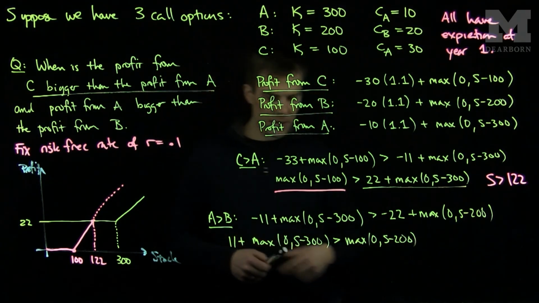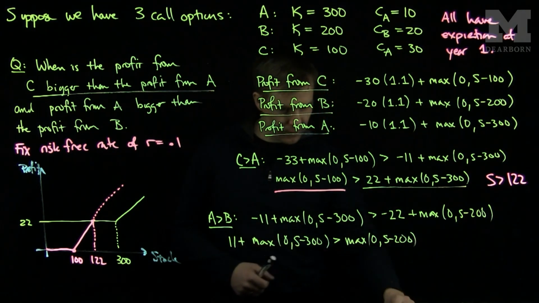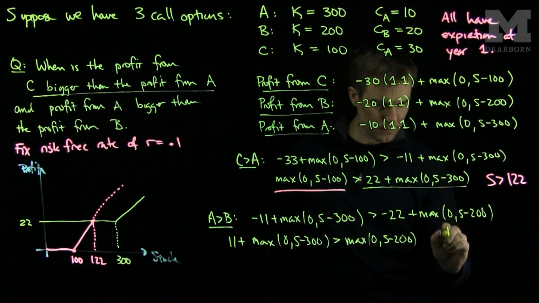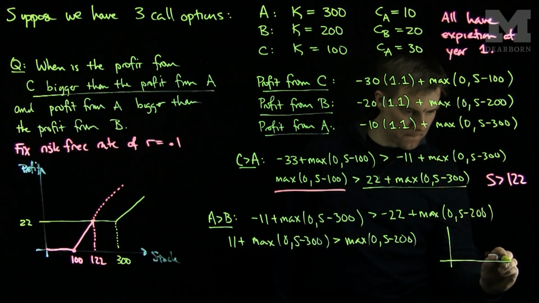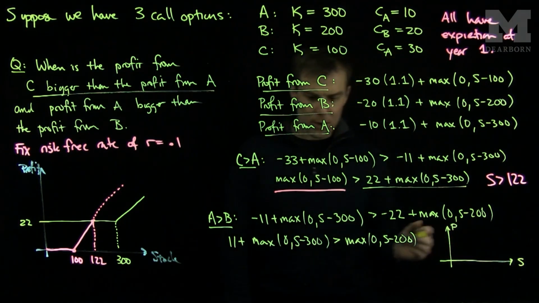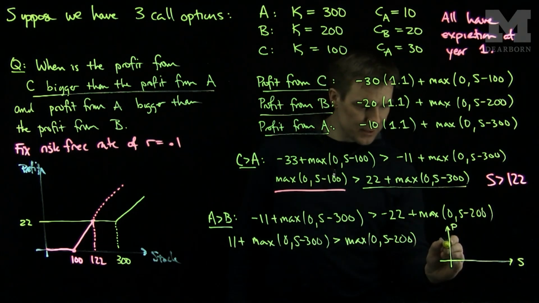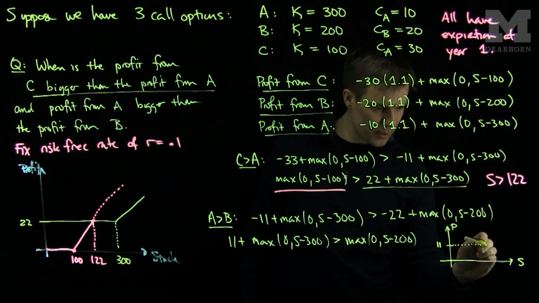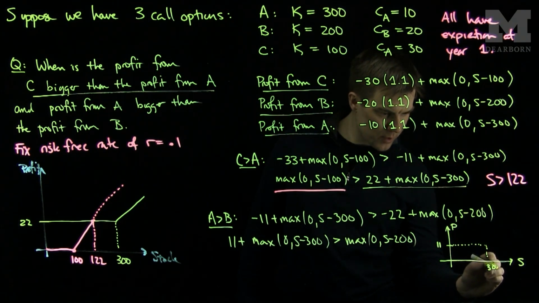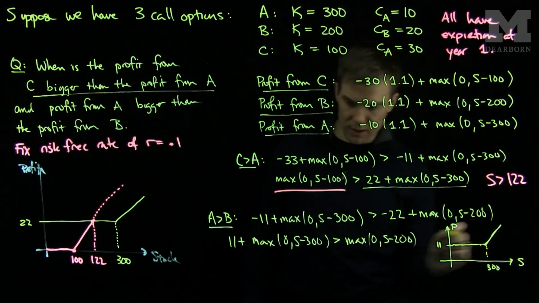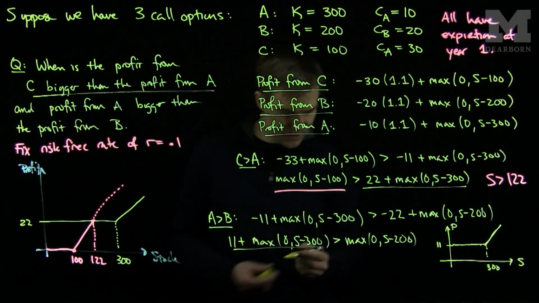So now we can draw these graphs. Here's my stock and here's my profit. So 11 plus the max of S minus 300 goes over to 300, and then it linearly grows. So this yellow line over here will be the right-hand side.